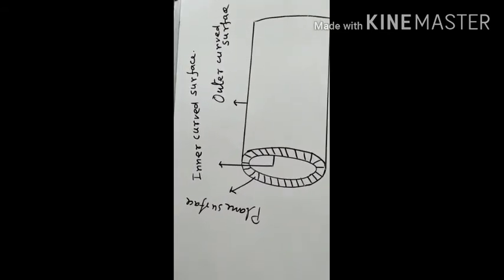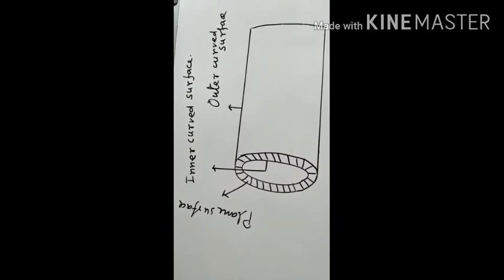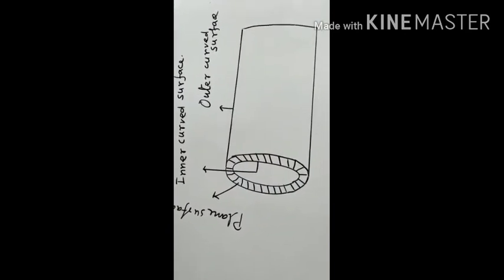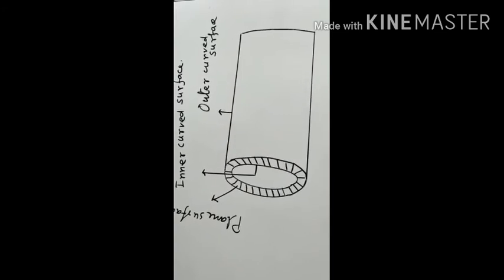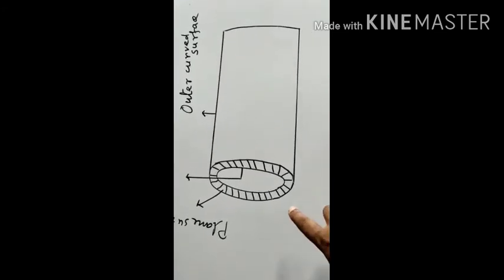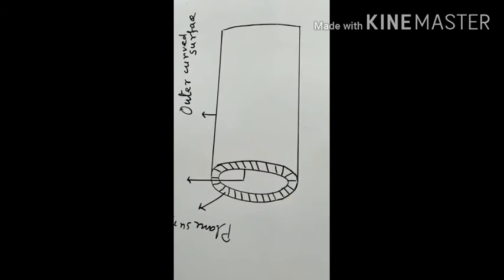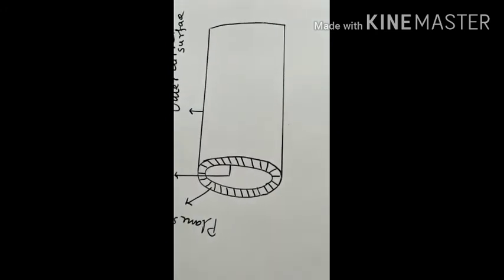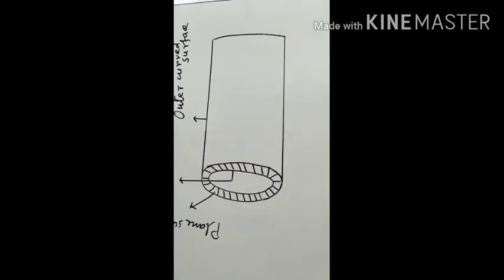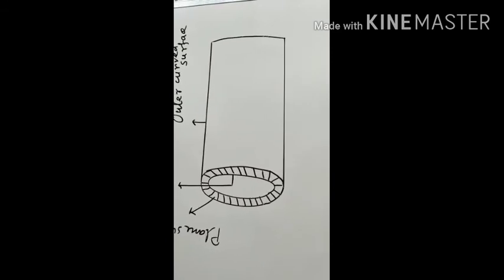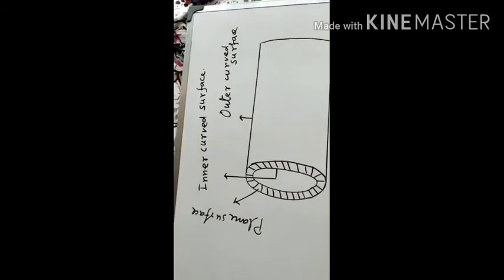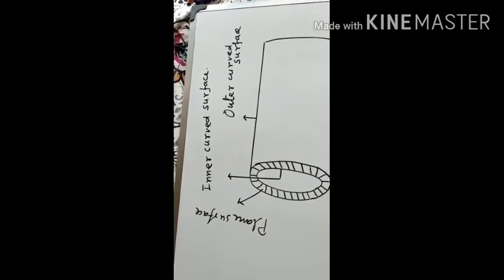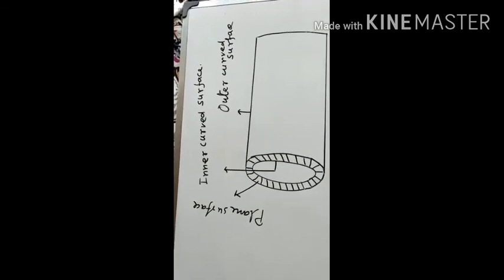A thick hollow pipe has two plane surfaces and two curved surfaces. This picture is a hollow pipe. One is the inner curved surface and the other is the outer curved surface.